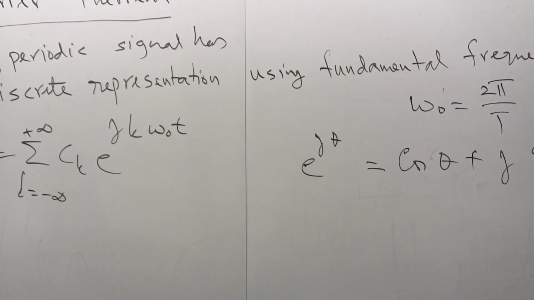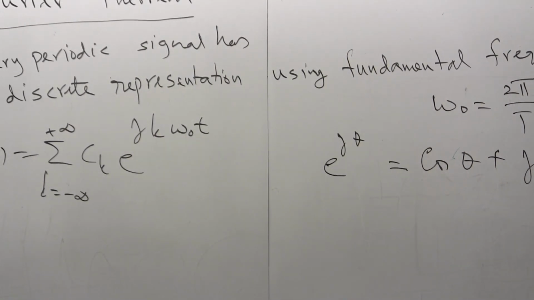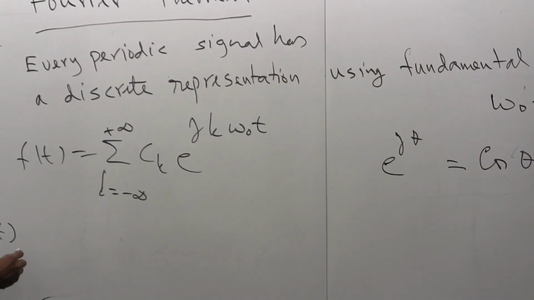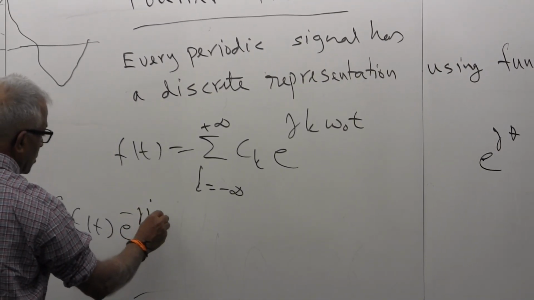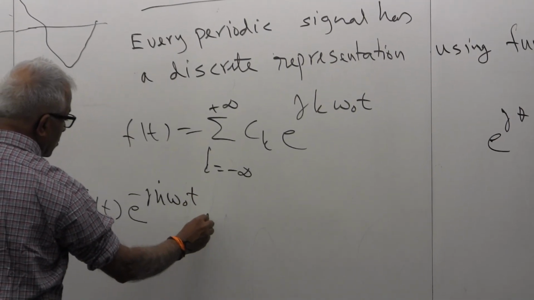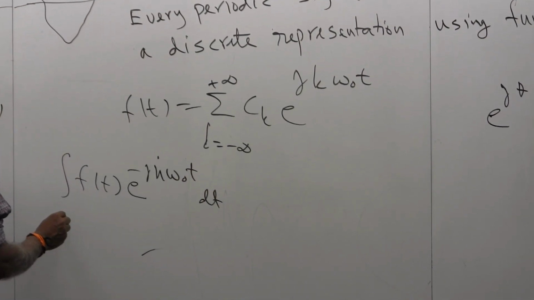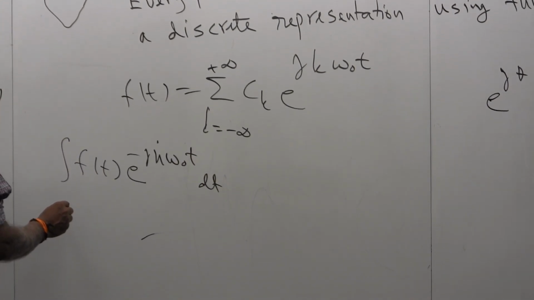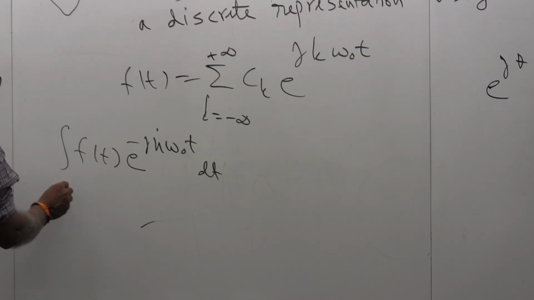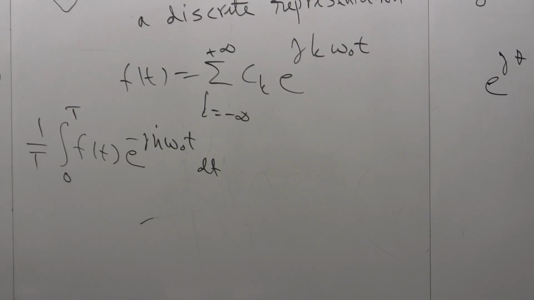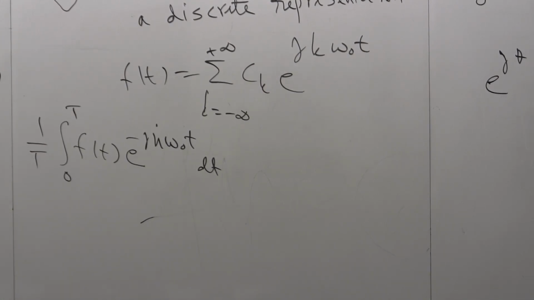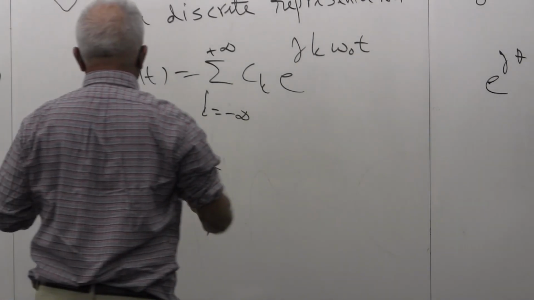So to find the c_k, let's do this one, f of t. The c_k's are given by this quantity, because you can easily see this.